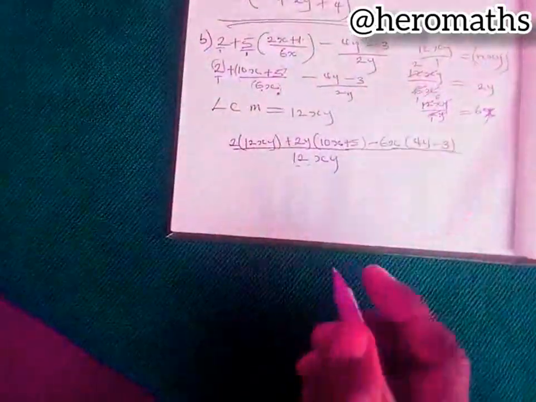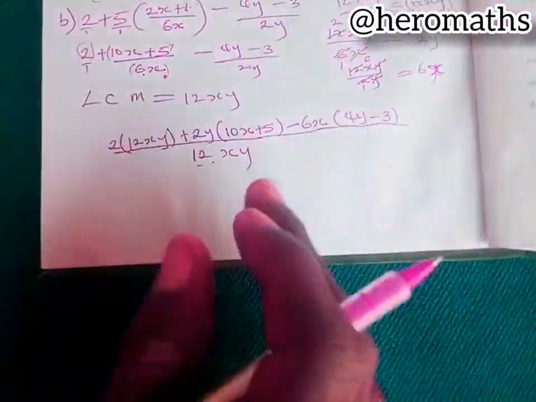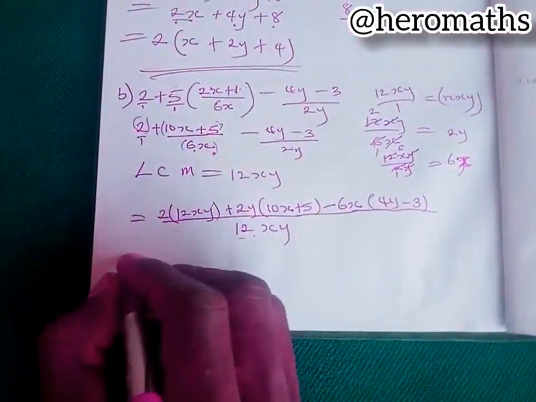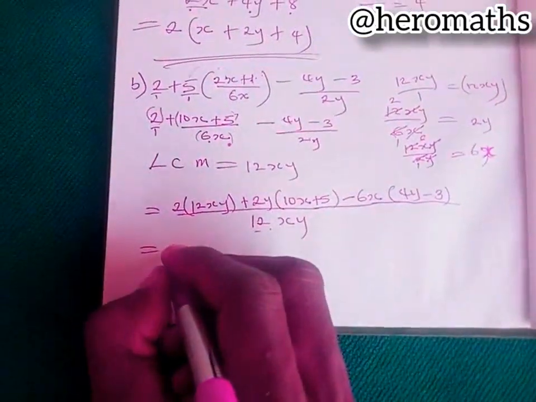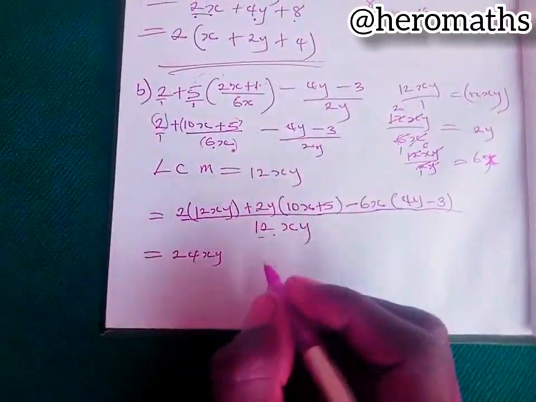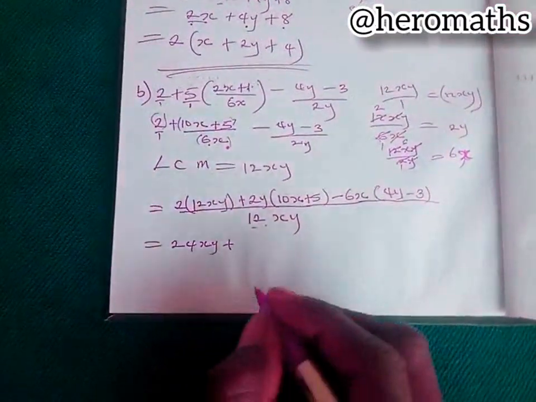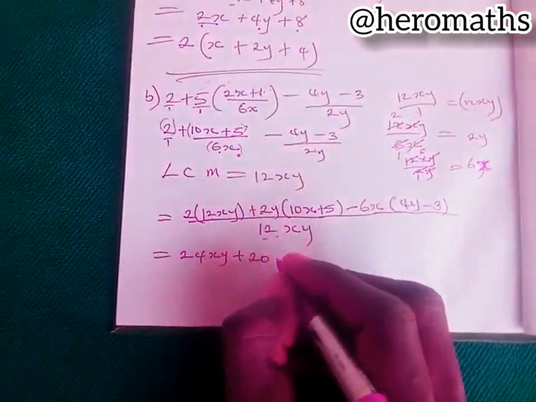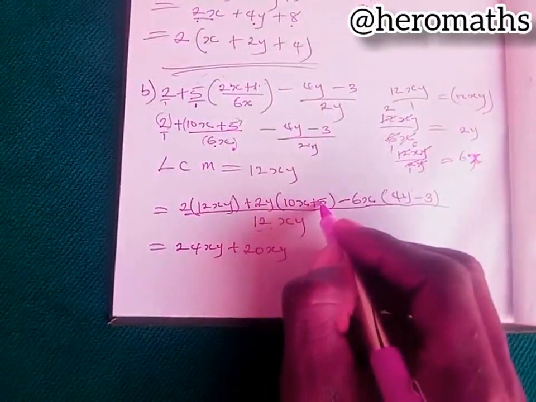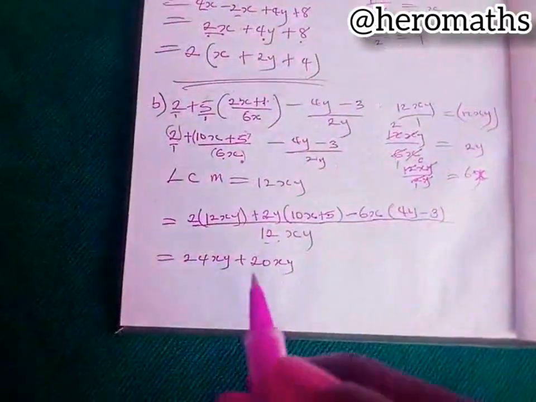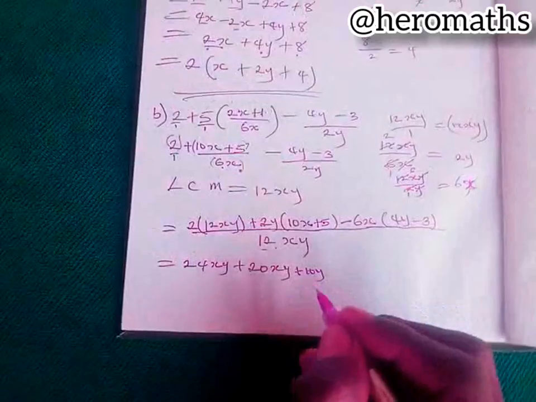Now we have brackets up. Let us open it and simplify it. This is equal to 2 times 12xy will give us 24xy plus 2y times 10x will give us 20xy. 2y times 5, the same principle we used, will give us plus 10y.